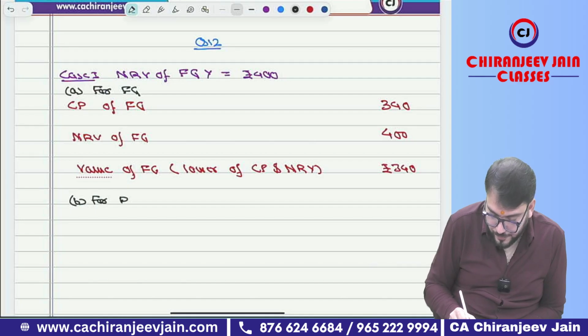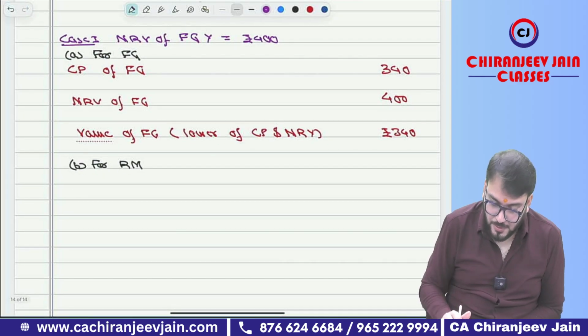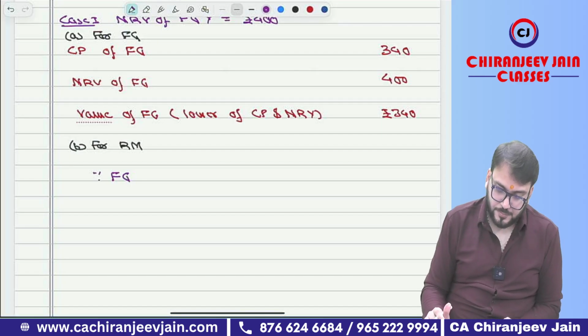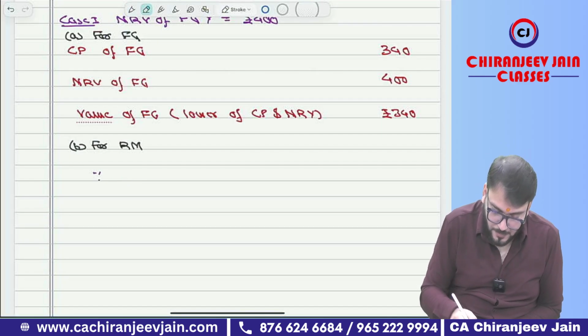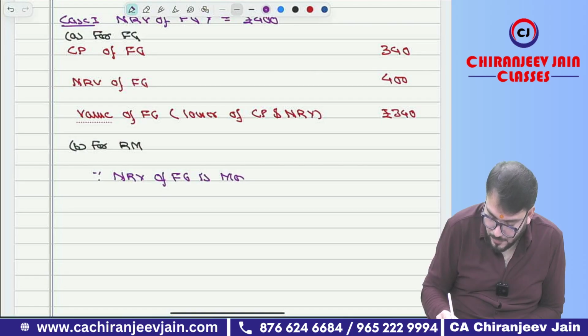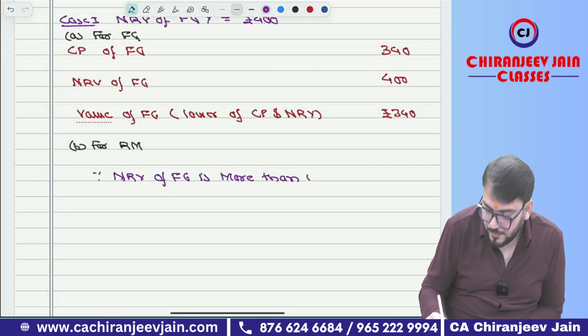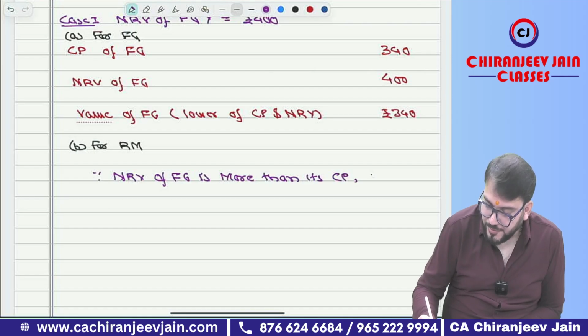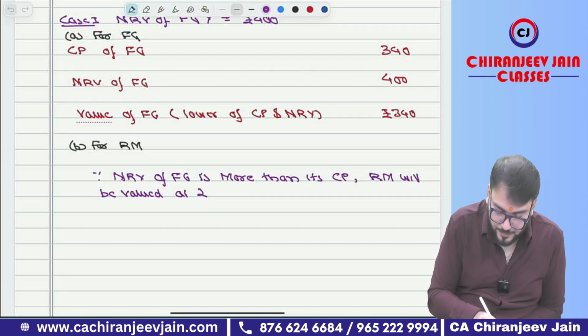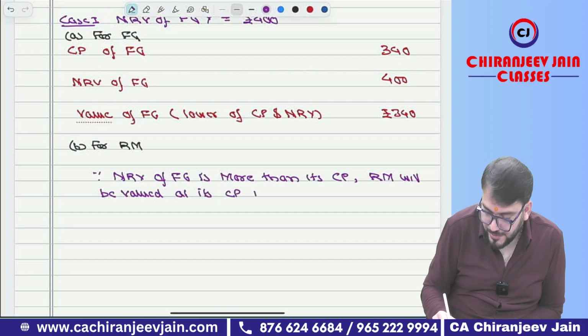Point number B, for raw material. So in this write down: since NRB of finished goods is more than its cost price, raw material will be valued at its cost price.